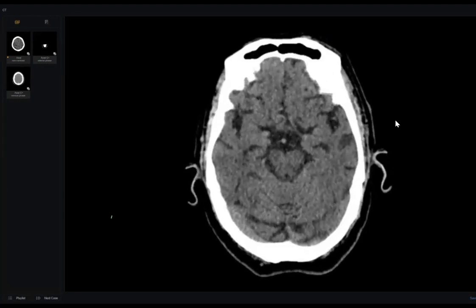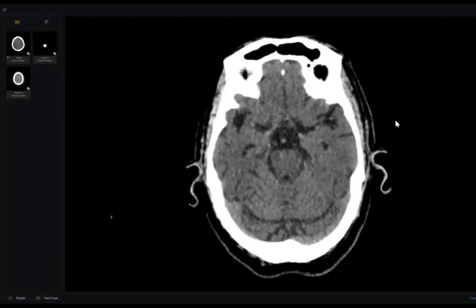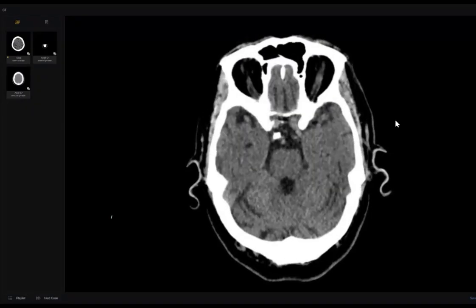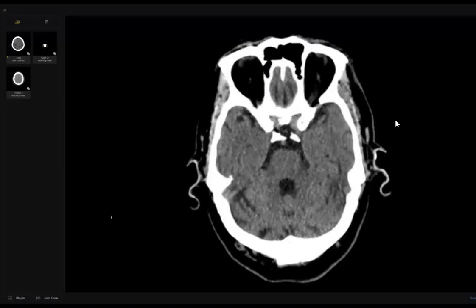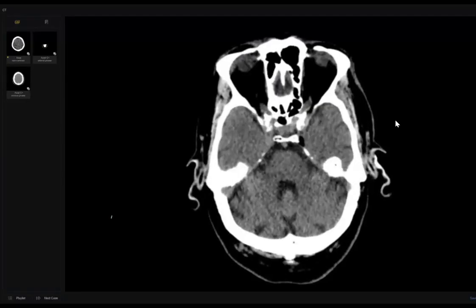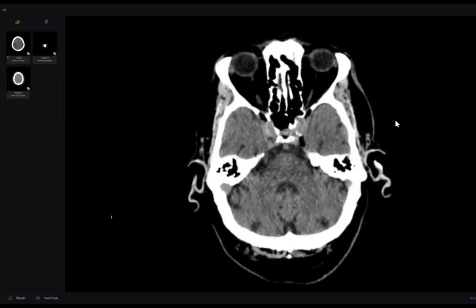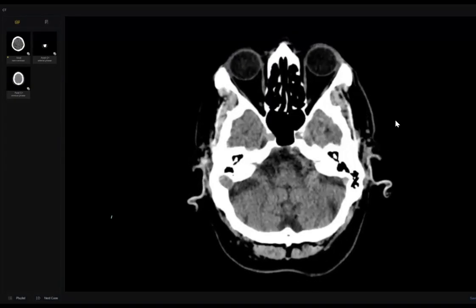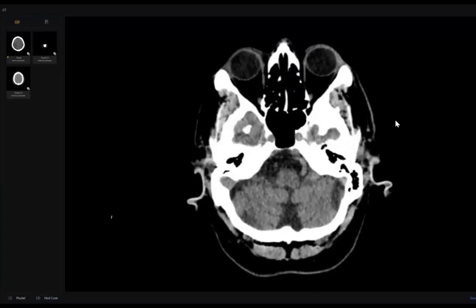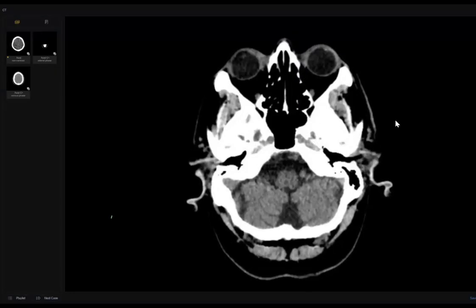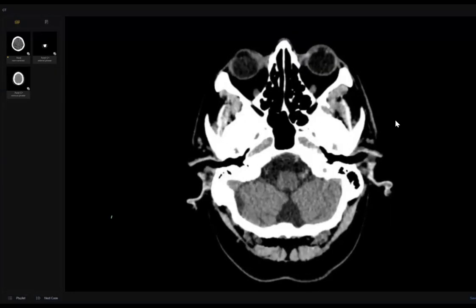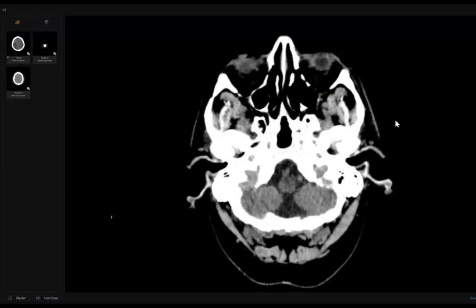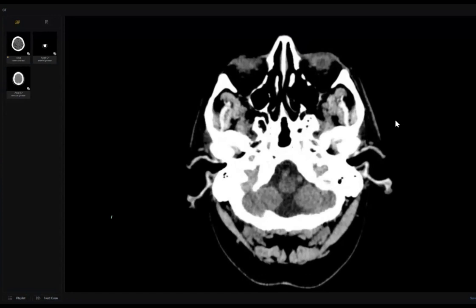I will scroll through to the last image to see if there is any other abnormality. I cannot appreciate any other abnormality in this. So these are hyperdense lesions in the right parietal lobe of an 85-year-old man.